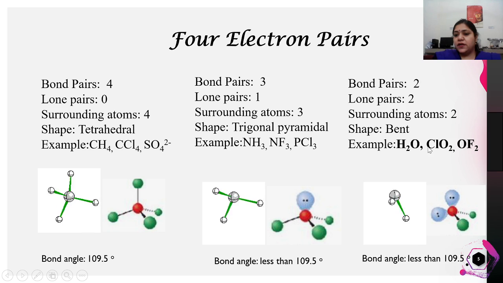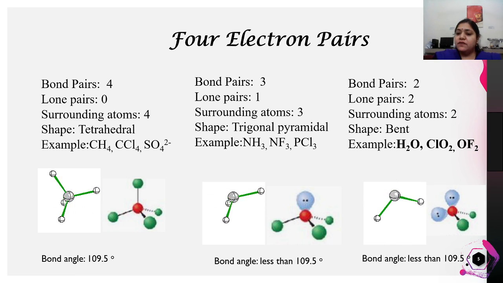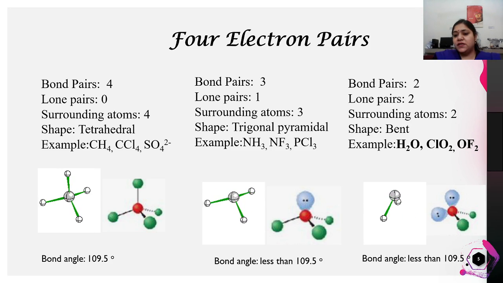These are the examples of bent shape. Also, if you observe, in this case a bent shape is there, and in the previous case of 3 electron pairs also a bent shape was there.